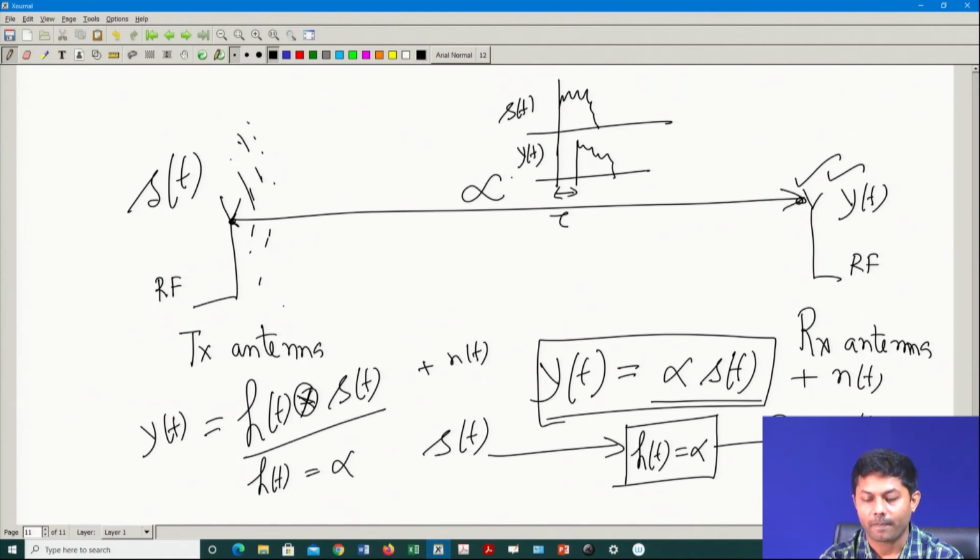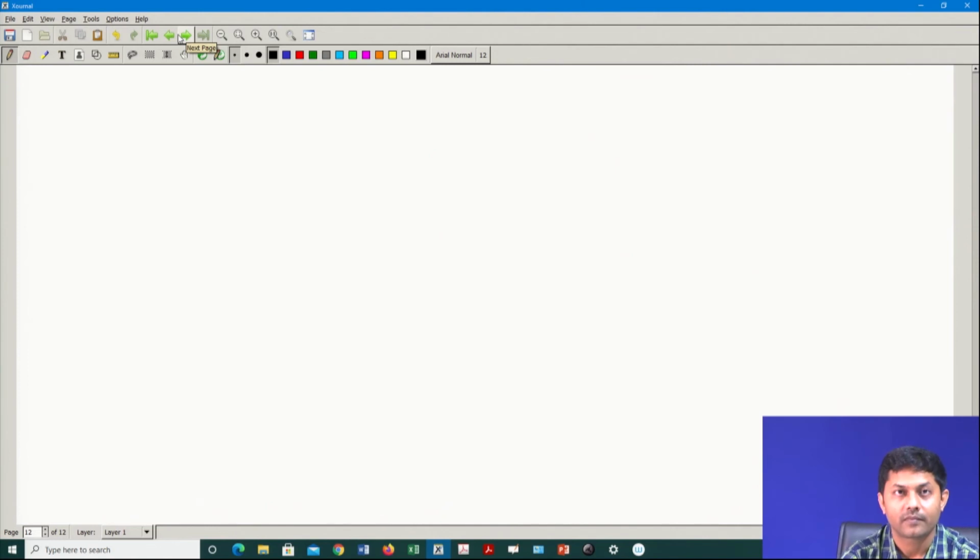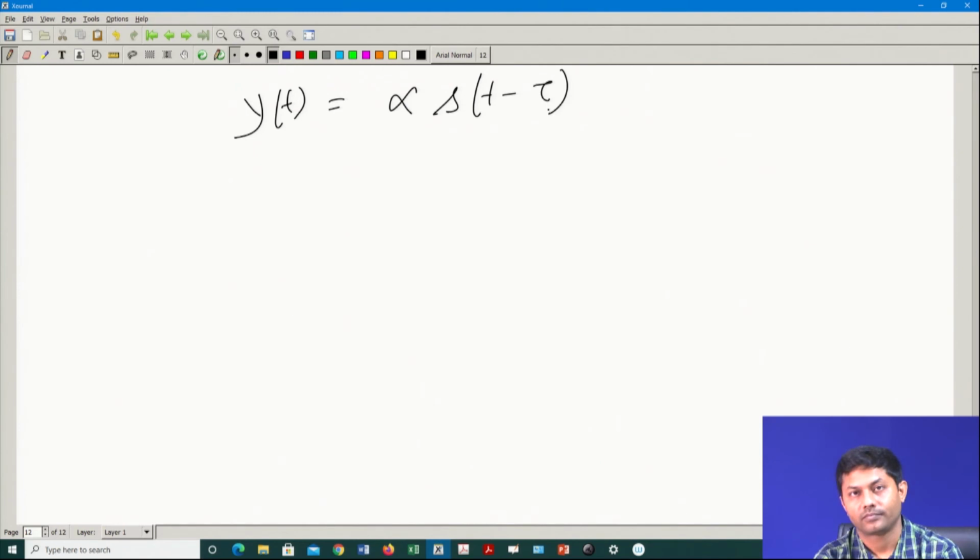So I need to slightly modify this. Then what should be my received signal? y(t) is equal to alpha s(t minus tau). Alpha is the attenuation factor. So this is a simple channel model.